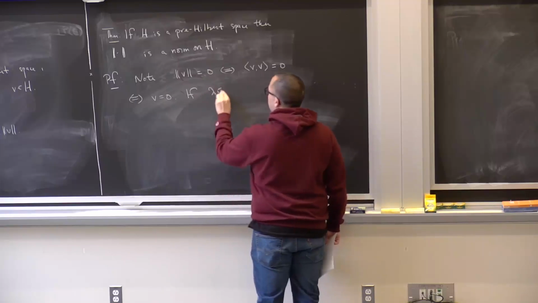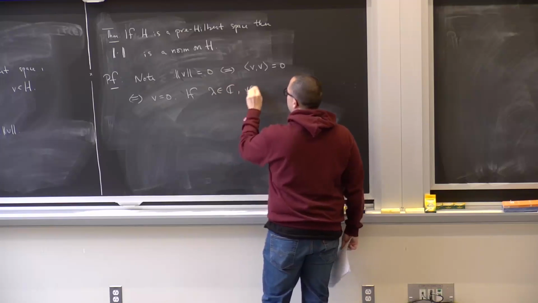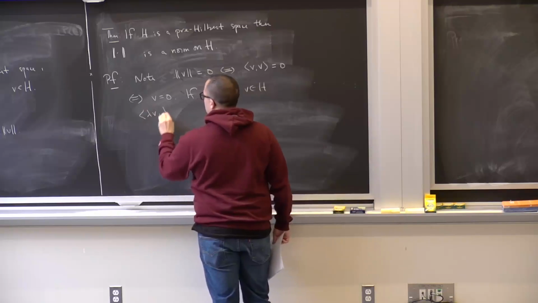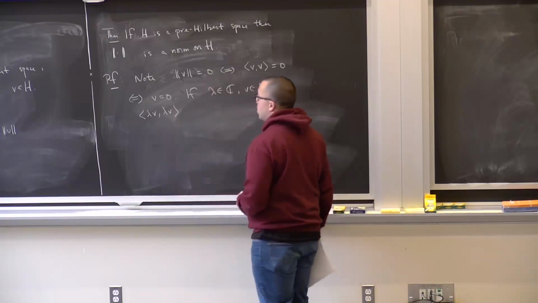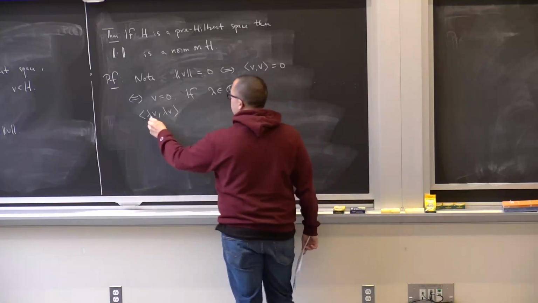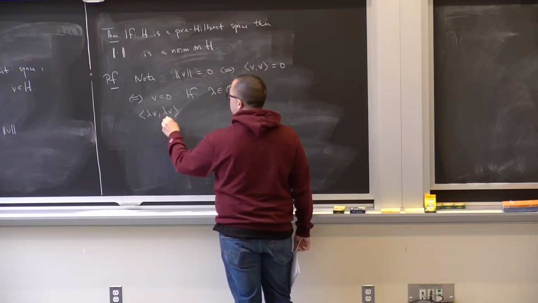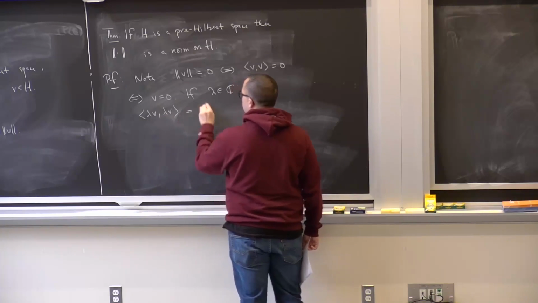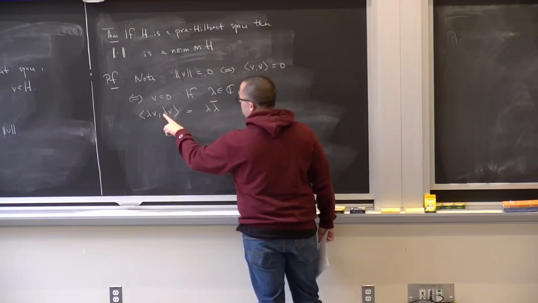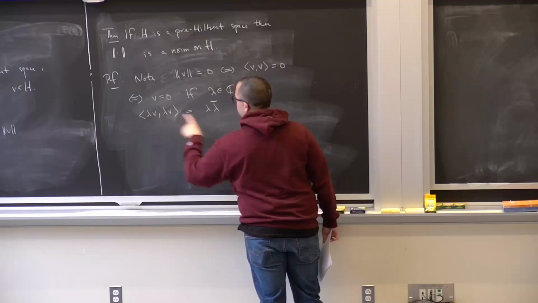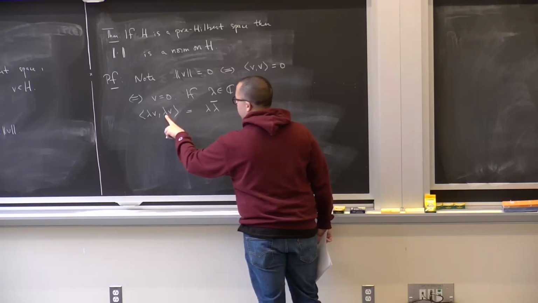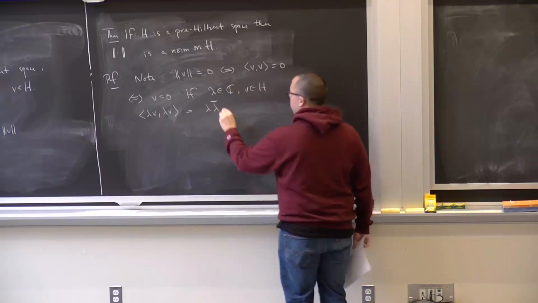Now if lambda is a complex number and V is in H, so we kind of saw this in the proof of the Cauchy-Schwarz inequality, if I take lambda times V and inner product with lambda times V, this is equal to lambda times lambda bar times the inner product of V with itself. A scalar pulls out of the first entry unphased. If a scalar is in the second entry, it comes out with a complex conjugate.